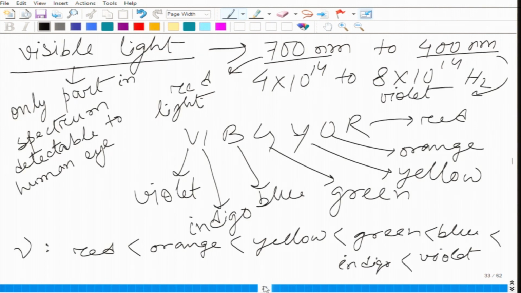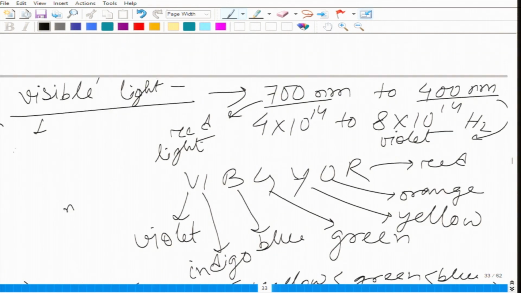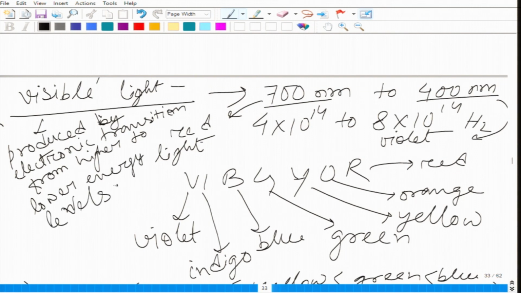Okay, so one thing is visible light. How is visible light produced? Visible light is produced by electronic transition from higher energy level to lower energy level. We will read about this later on in detail.